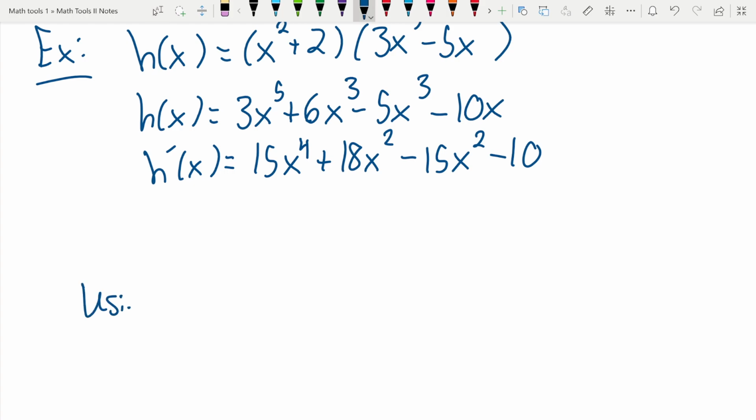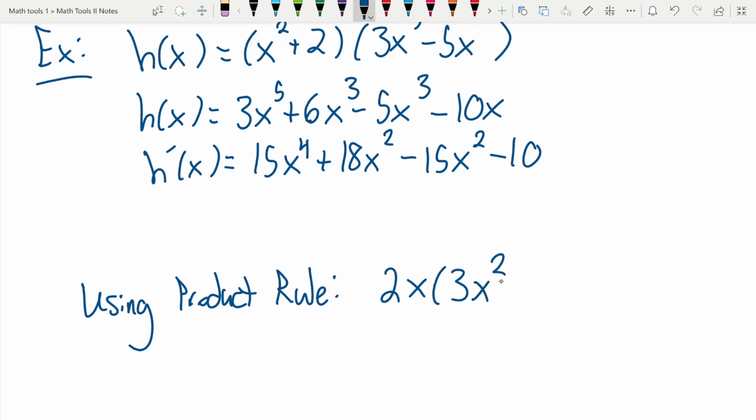Now let's do it using the product rule. So we would get the derivative of the first part, 2x, and that's it, times the second part, 3x to the 3rd minus 5x, plus the first function times the derivative of the second function.